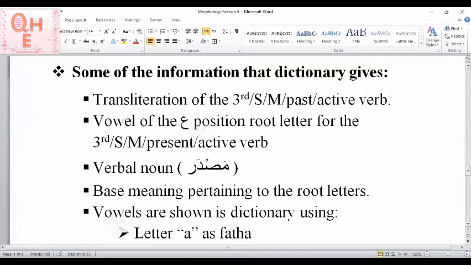When we start learning the nouns, those are verb-related nouns, inshallah, we'll go over this. Another piece of information we get from the dictionary is the base meaning, pertaining to the root letters you enter. After all, that is mainly what we need, right? What is our ultimate goal? To get the correct meaning to understand the Quran. So we need the base meaning, and the dictionary will give us the base meaning.